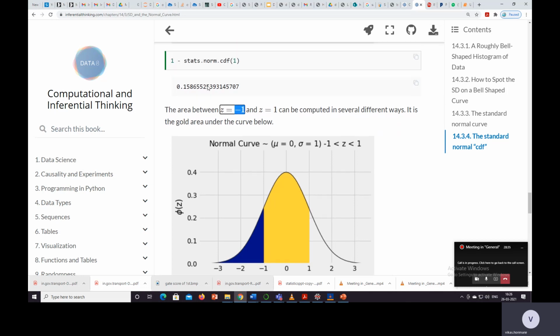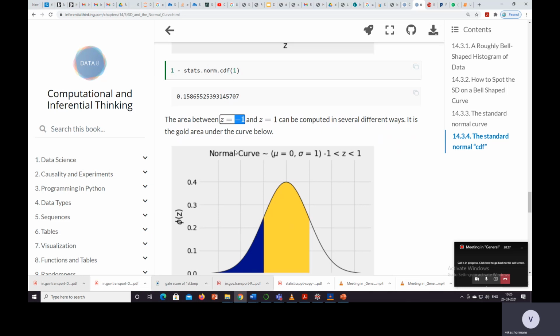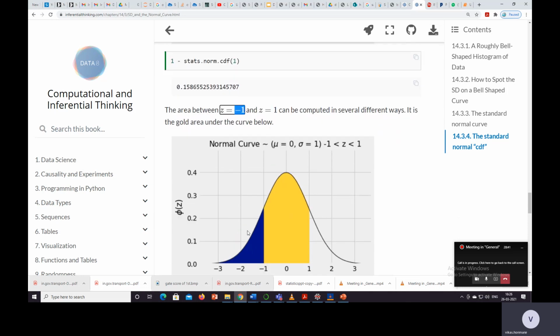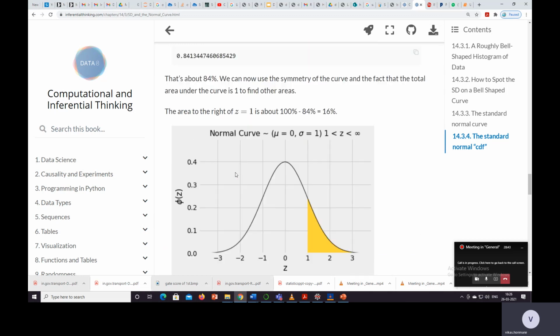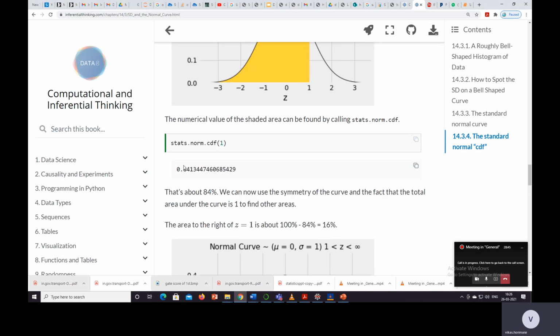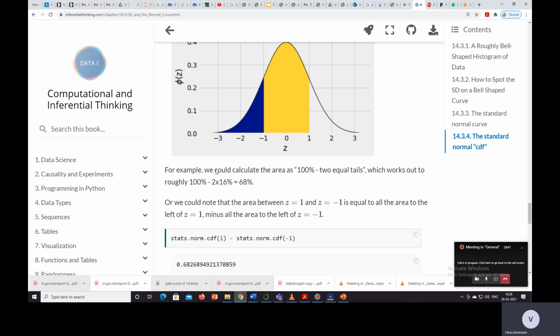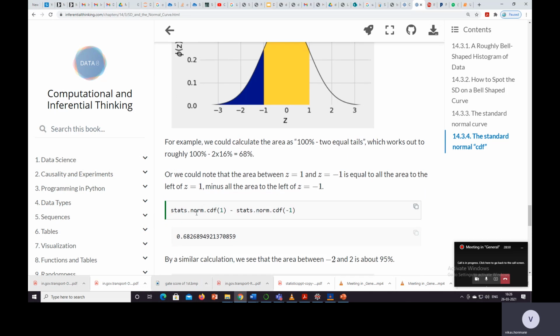So by using this stats.norm.cdf function, we get the area on the left hand side of minus 1, and then we subtract it from 0.84. So it is stats.norm.cdf(1), which is 0.84, minus stats.norm.cdf(-1).